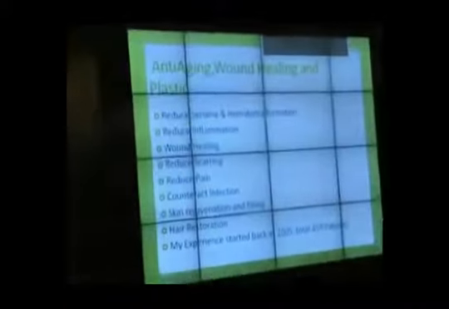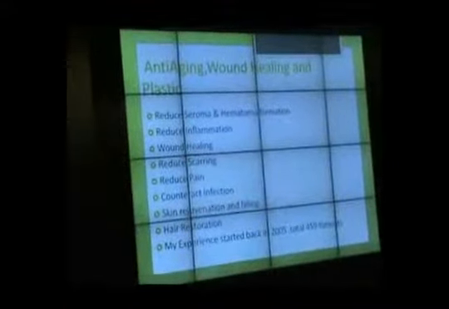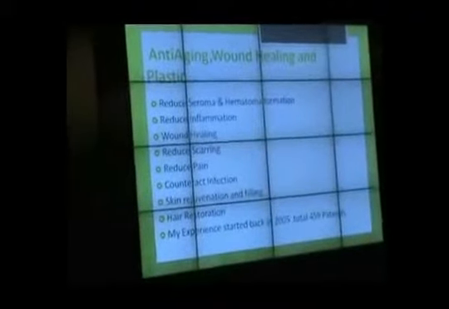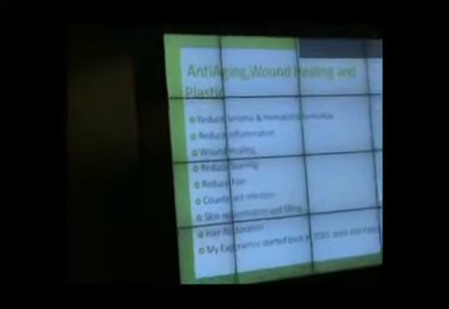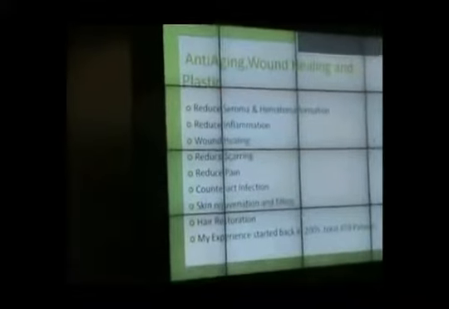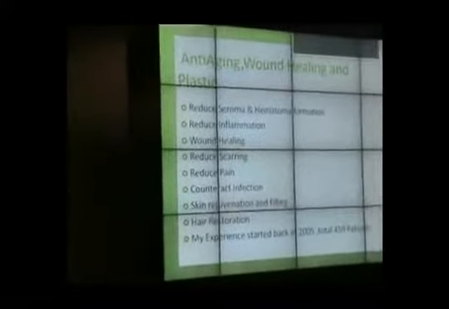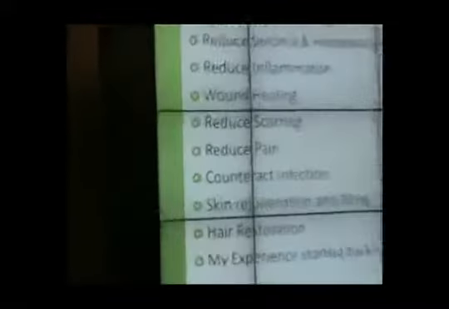If we look at anti-aging, wound healing, and plastic surgery applications of PRP, for wound healing it reduces seroma and hematoma formation. It reduces inflammation, promotes wound healing, and shortens the period of wound healing. As we all know, wound healing passes in stages.